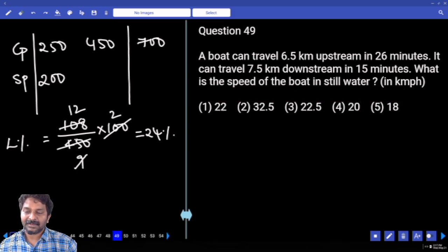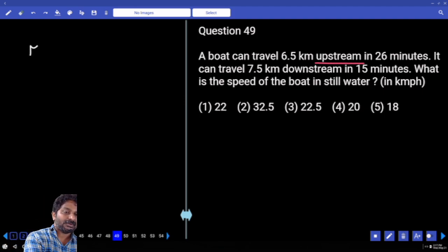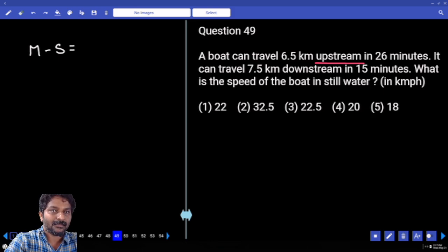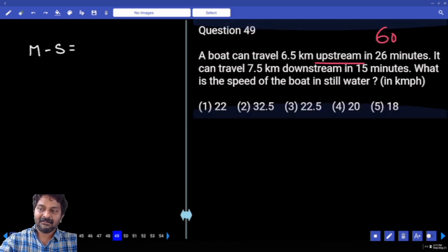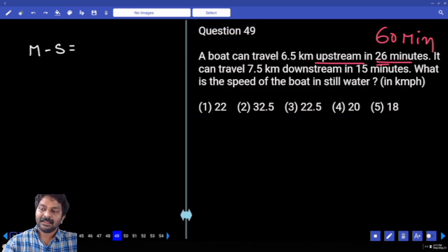Boat A can travel 6.5 kilometers upstream in 26 minutes. So which stream is this? We need to calculate the upstream speed here. How do we do it? Convert into 60 minutes. Don't use a formula. In the given time of 26 minutes, the distance covered was 6.5.